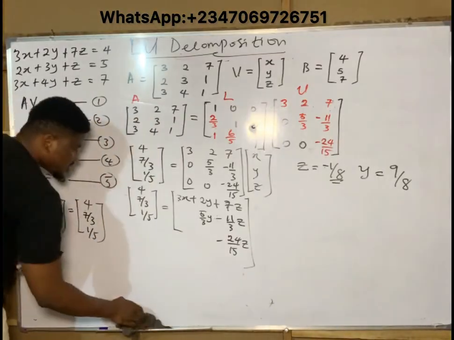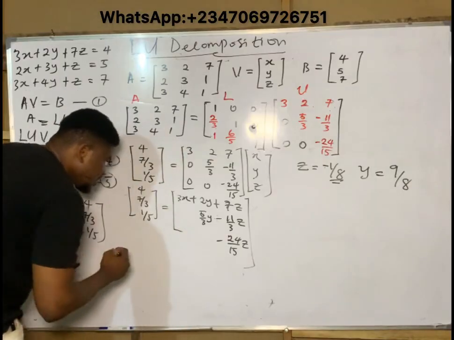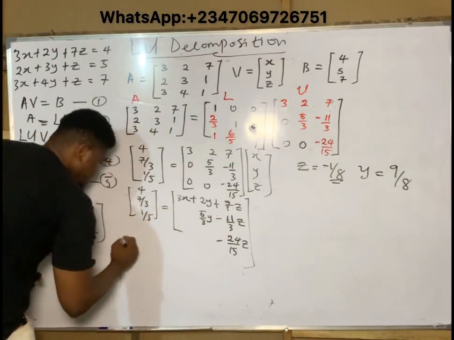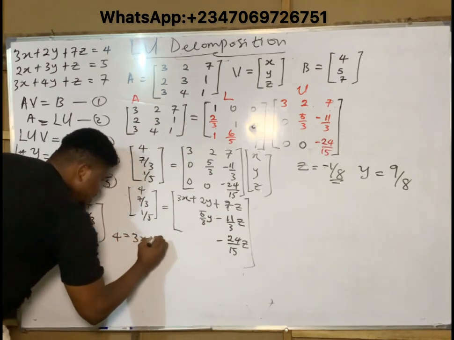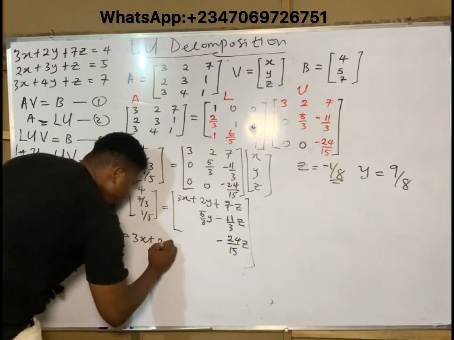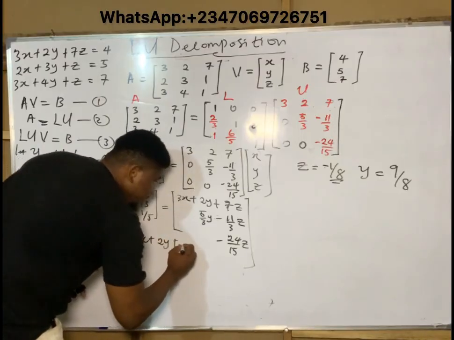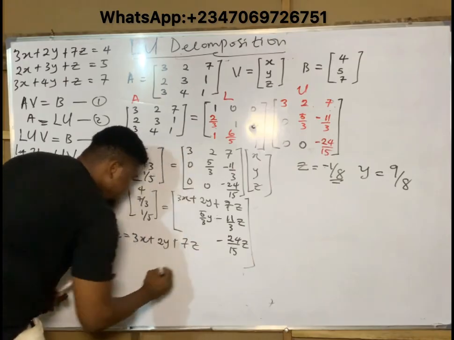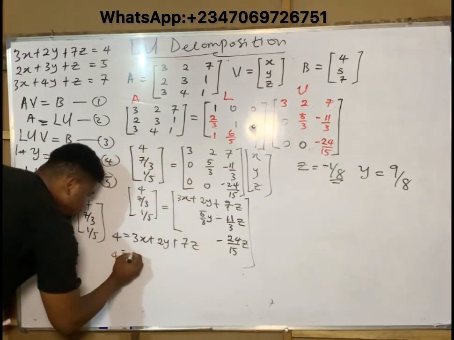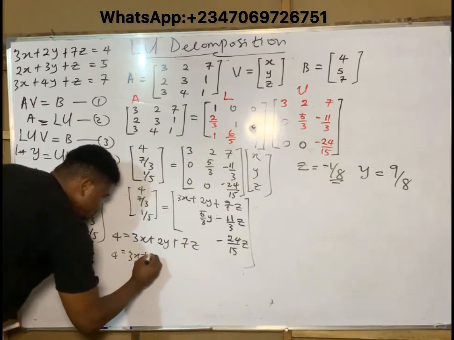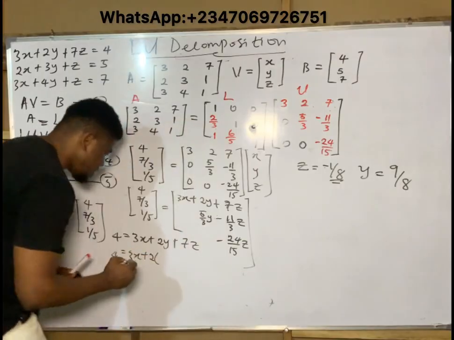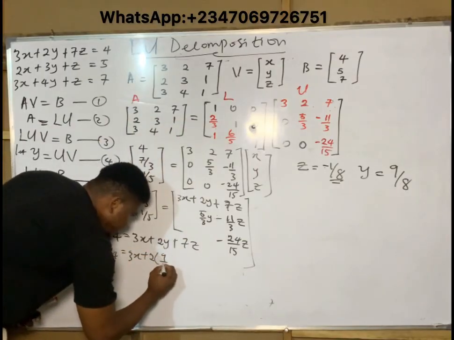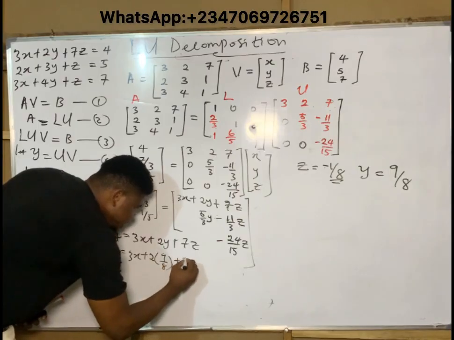Okay. Finally, we'll move now to the first row. 4 is going to be equal to 3x plus 2y plus 7z. So 4 is equal to 3x plus 2y. Y is 9 over 8, so 2 times 9 all over 8, plus 7z.